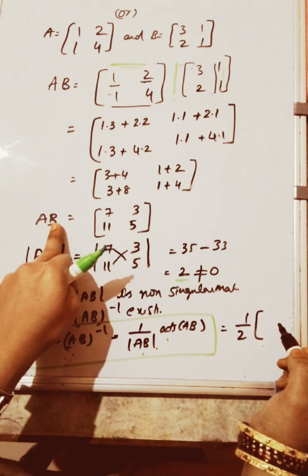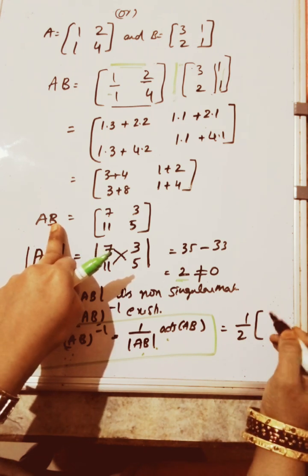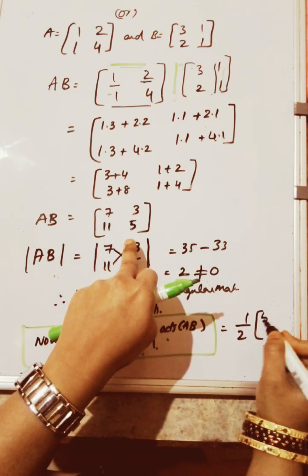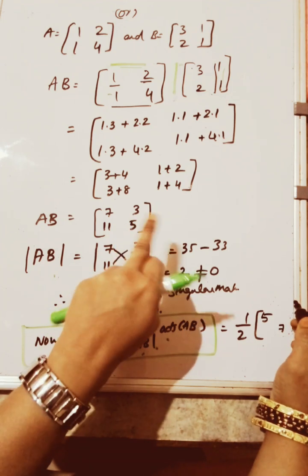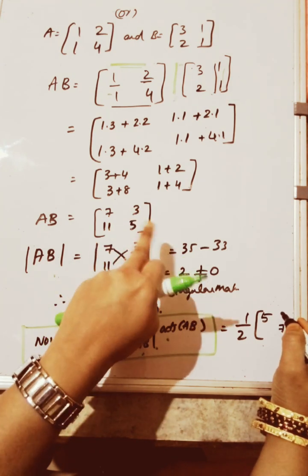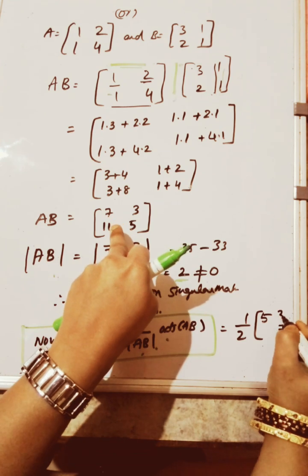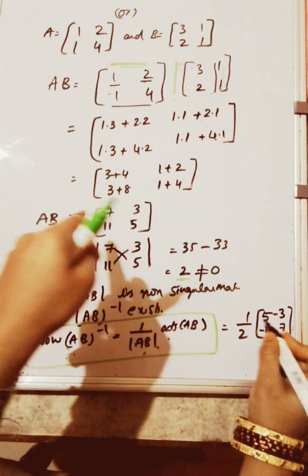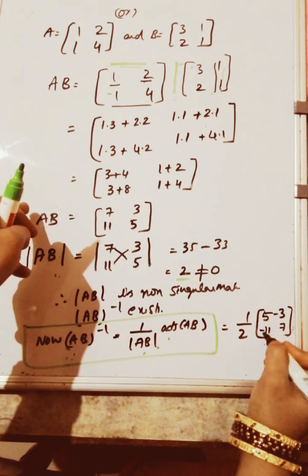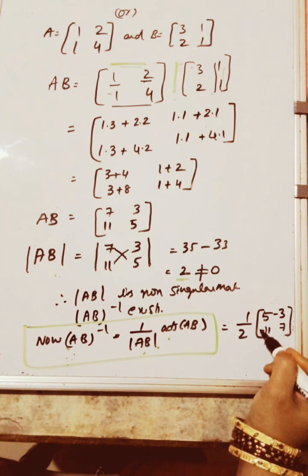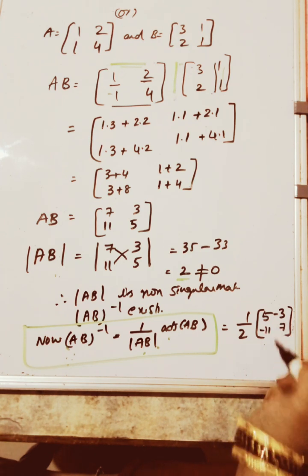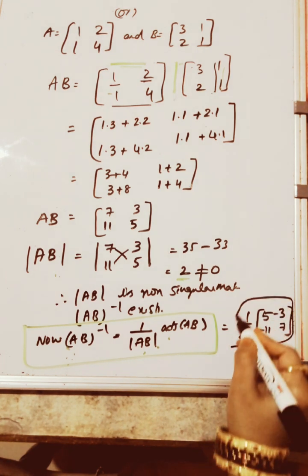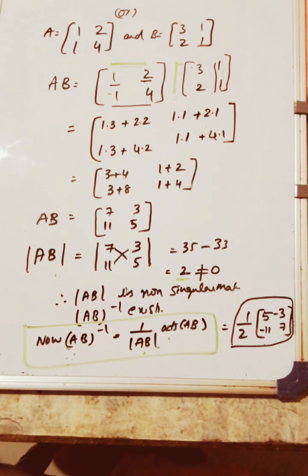Adjoint of AB is nothing but interchanging the first diagonal elements, 5 and 7, and changing the signs of the second diagonal elements without interchanging them, minus 3, minus 11. I interchange only the first diagonal elements, but for the second diagonal elements I don't interchange, I only change their signs. This is our required AB inverse. Understood?